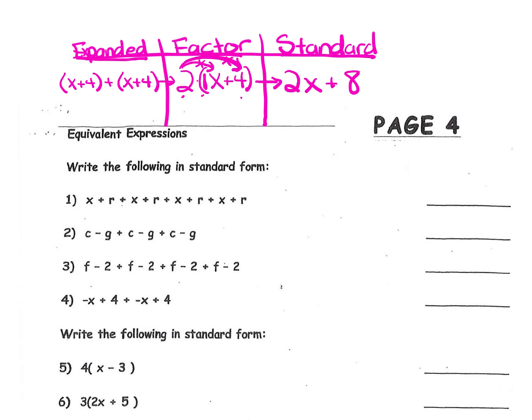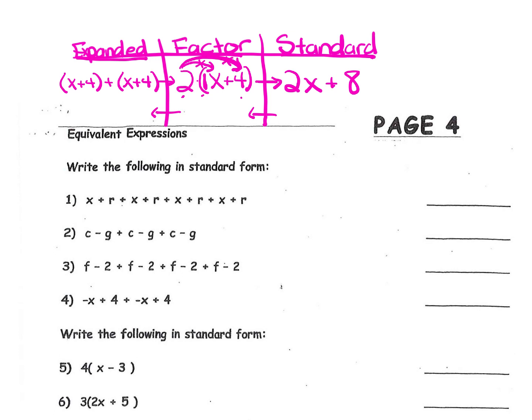So make sure you pay attention to which form you're being asked to write the final answer in. And then remember, we also can move backwards through the chart as well. We'll get to that in a little bit.